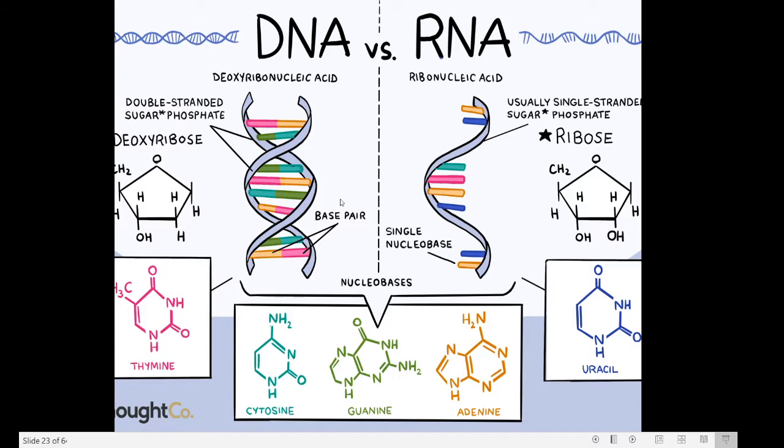It forms an interaction between thymine, cytosine, guanine and adenine in the DNA. For replacement of thymine, we have uracil in the RNA. So in the RNA we have cytosine-guanine interaction and adenine-uracil interaction.